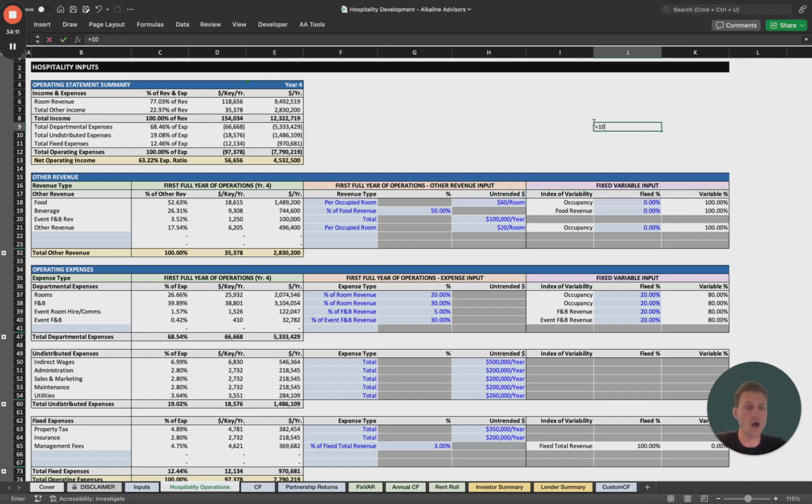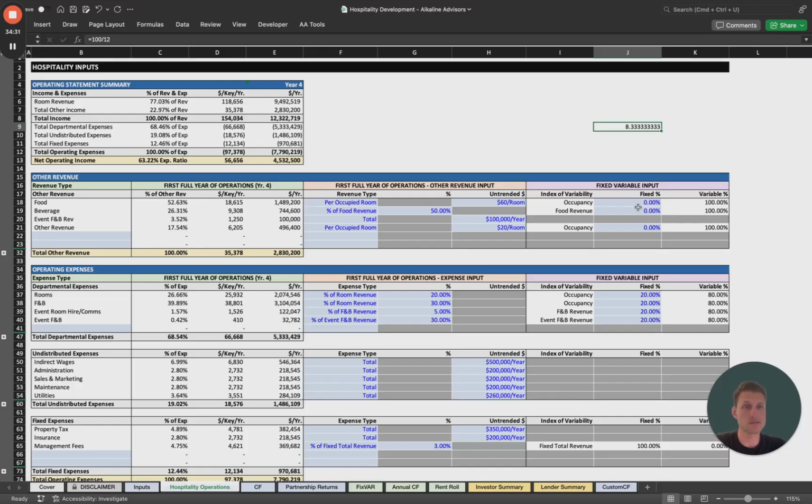So if we have 100% occupancy and there are 12 months, it's going to be 8.33% per period. And then the total number that we've calculated on an annual basis will be distributed 8.33% per period, per month.